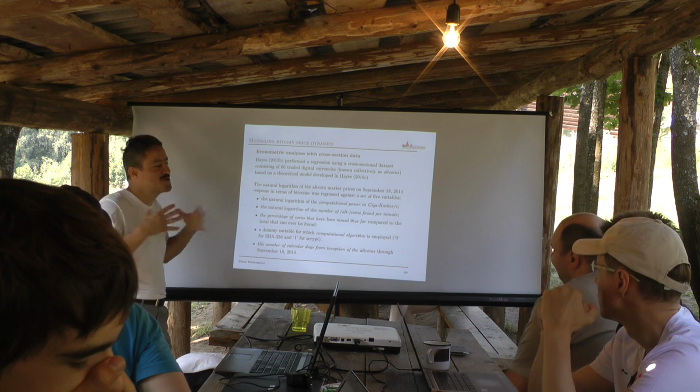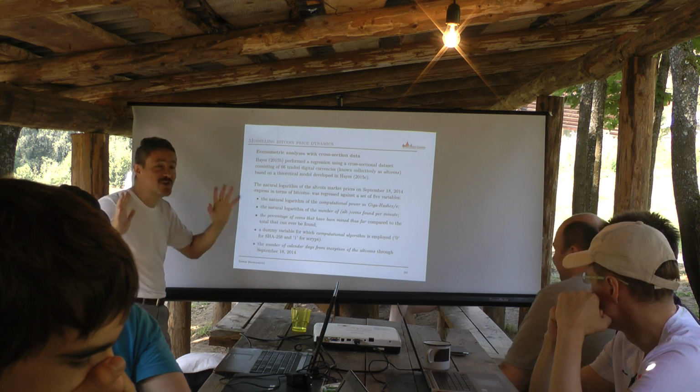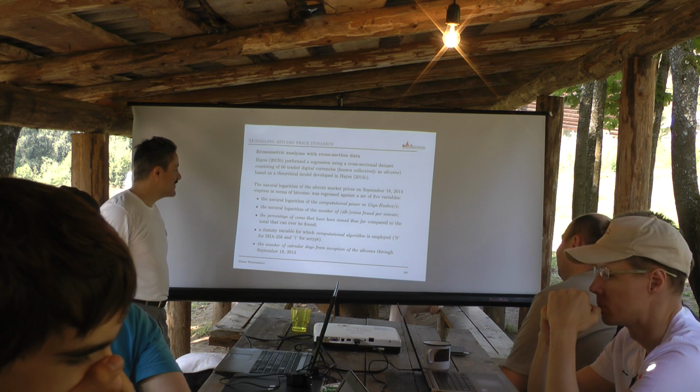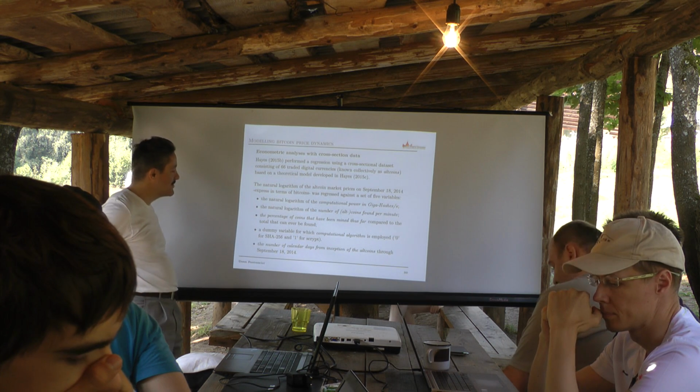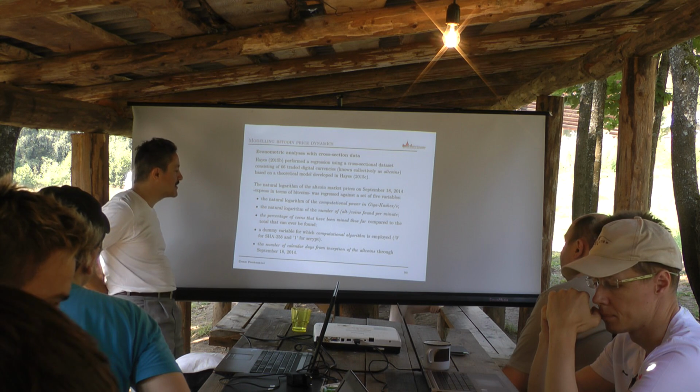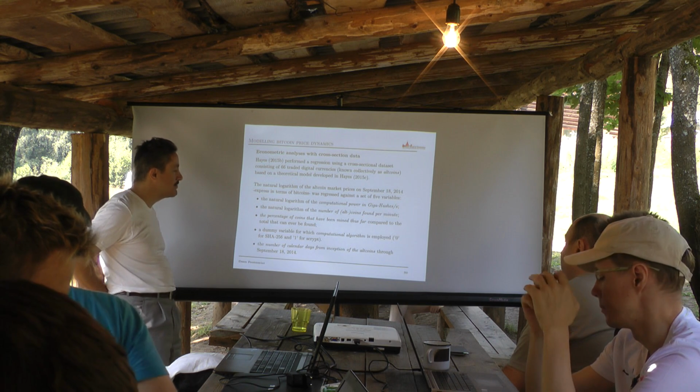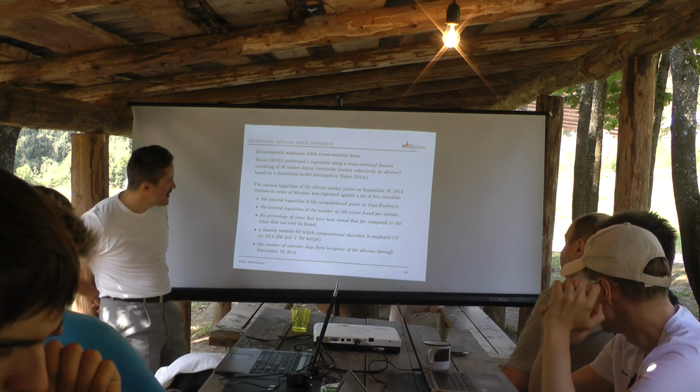I'm not an expert to say, but I read it is better. And finally the last variable, which is the number of calendar days from the beginning of the altcoin.